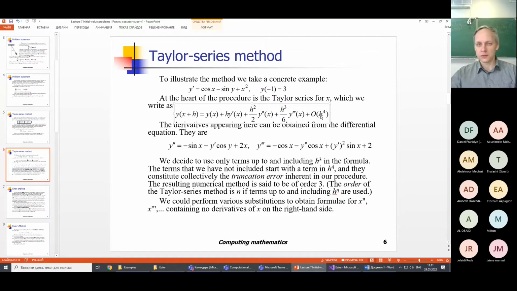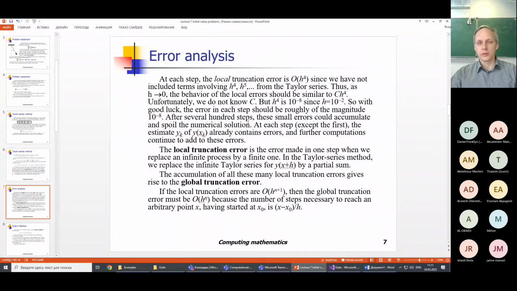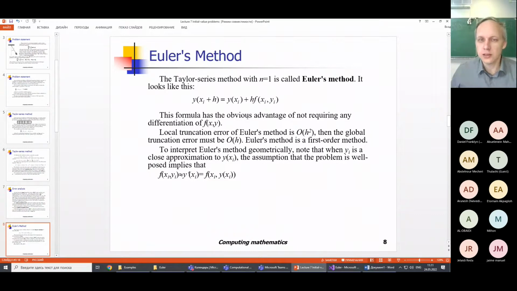If we remove all the terms up to and including h power 2, we will have only two terms in the sum. Well, this is very important, so I repeat it on the board.